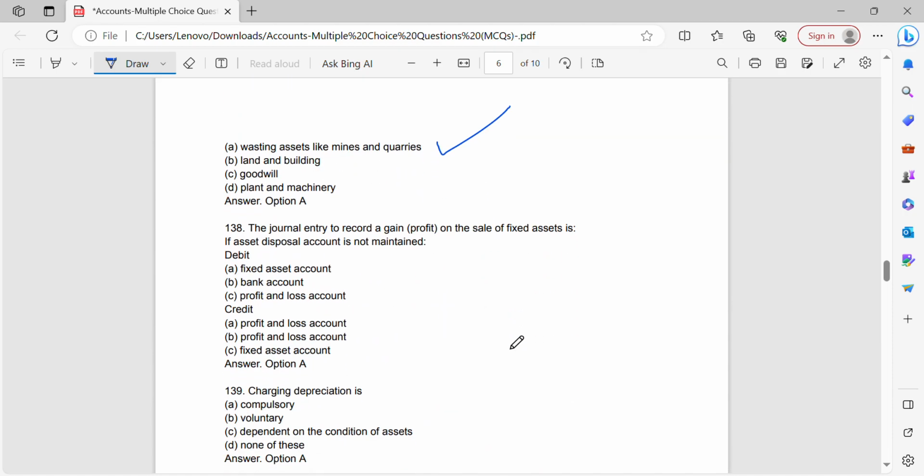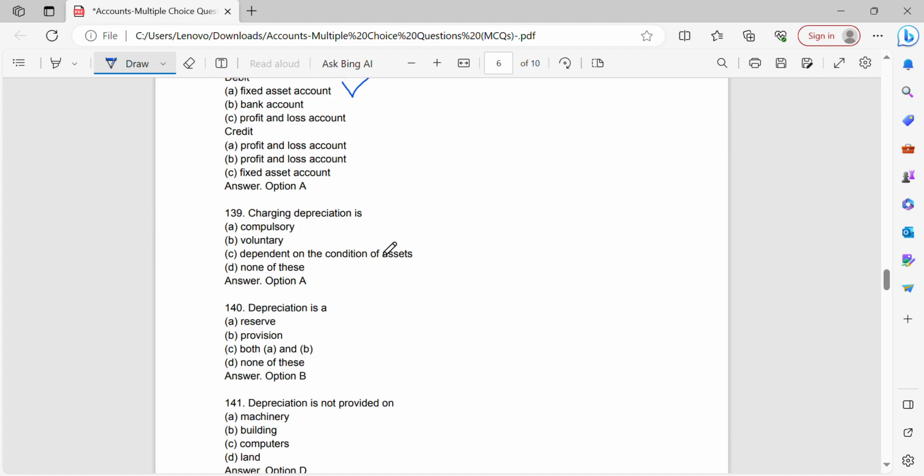The next question is the journal entry to record a gain or profit on the sale of fixed assets, if asset disposal account is not maintained: debit, option A fixed assets account, option B bank account; credit, option A profit and loss account, option B profit and loss account, option C fixed assets account. The answer is option A. Charging depreciation is compulsory, voluntary, dependent on the condition of asset, none of these. Compulsory.